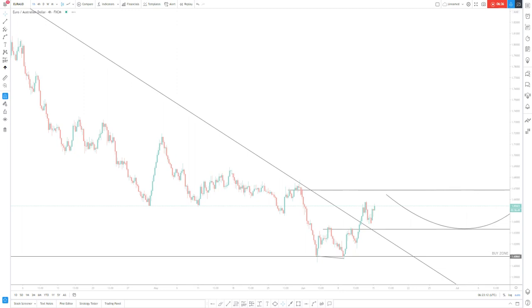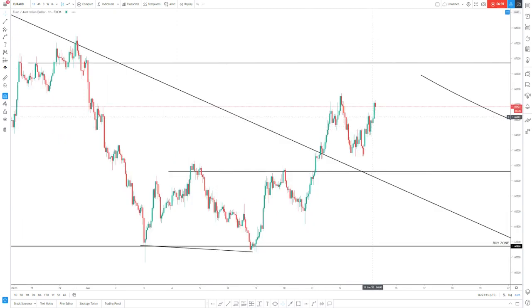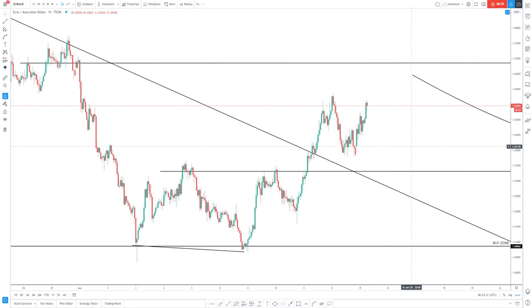Now, to the 1 hour time frame, we already have a bearish candle forming here, and there's also a W pattern around this area. So there's a tendency it comes back to the neckline or to this area of structure for a retest before we look to go to the upside.